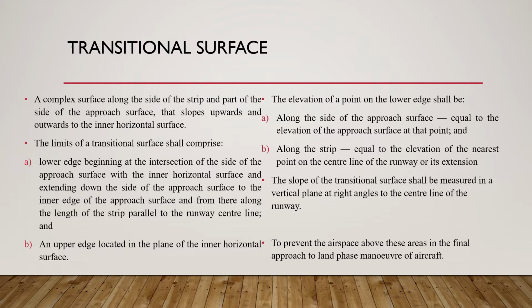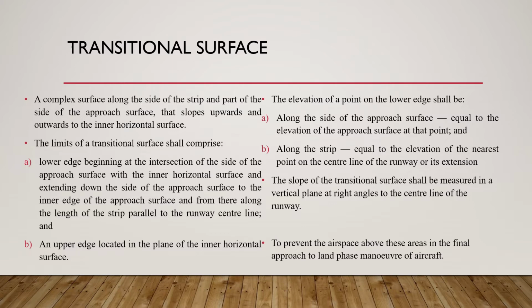So what would be the elevation of a point? At the lower edge, it would be equal to the elevation of the approach surface at that point. When it is along the side of the strip, it would be equal to the elevation of the nearest point on the center line.